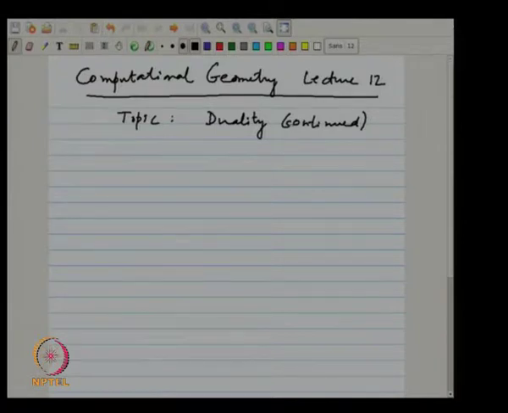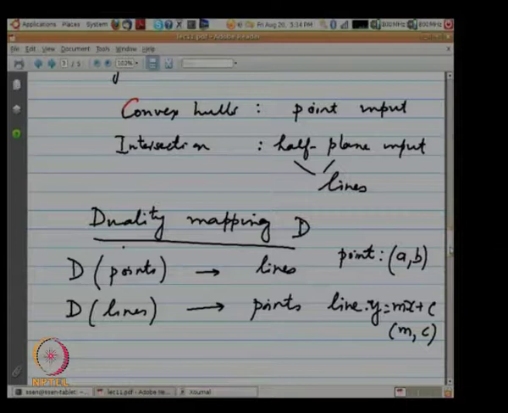We had spent most of the previous lecture discussing the desirable properties of this duality transform. Just to recap, we are trying to solve this problem of intersection of half planes, and somehow we wanted to use our prior knowledge of constructing convex hulls in 2 dimensions.